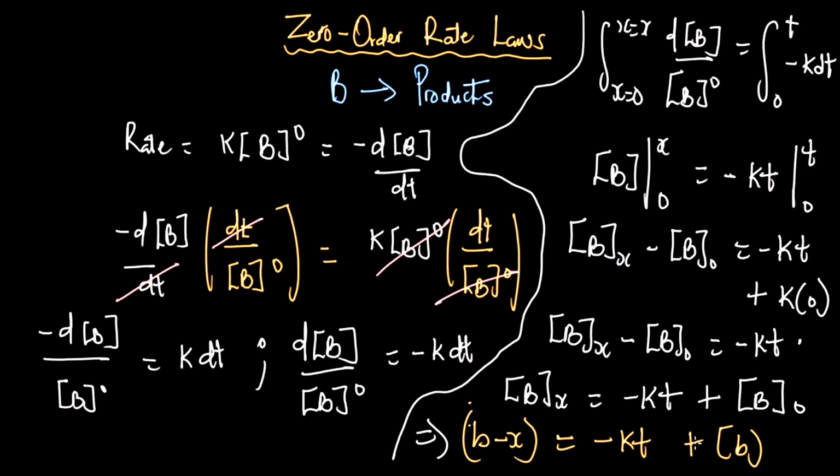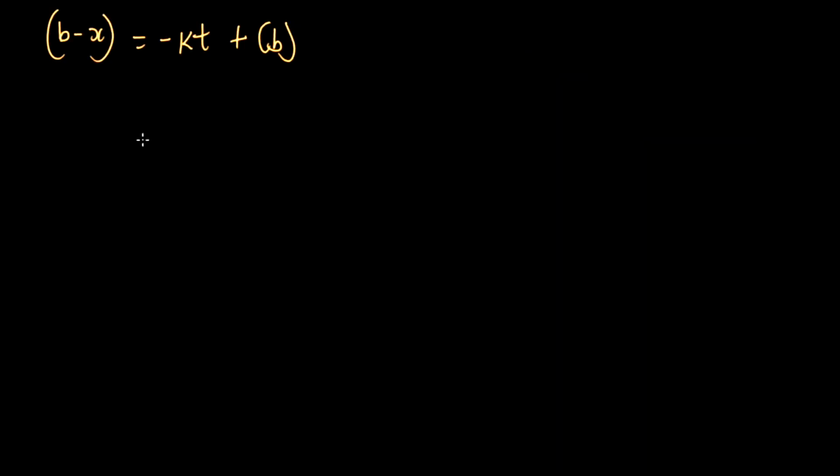So we have this equation here. Let's talk about the units of the rate constant, and let's also talk about the straight line graph for this equation. A plot of this against this should give a straight line, y equals mx plus c.